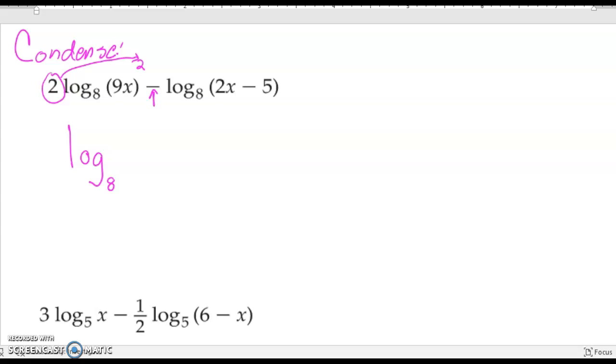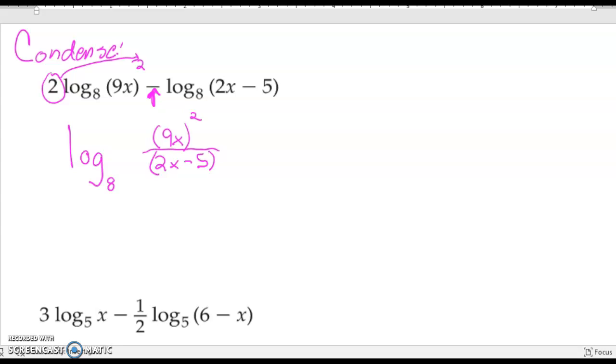I can see I'm subtracting, so I know I'll be dividing. The 9x squared in parentheses, 9x squared in the numerator, and the 2x minus 5 in the denominator because you're subtracting. Anything that's subtracting falls to the denominator.